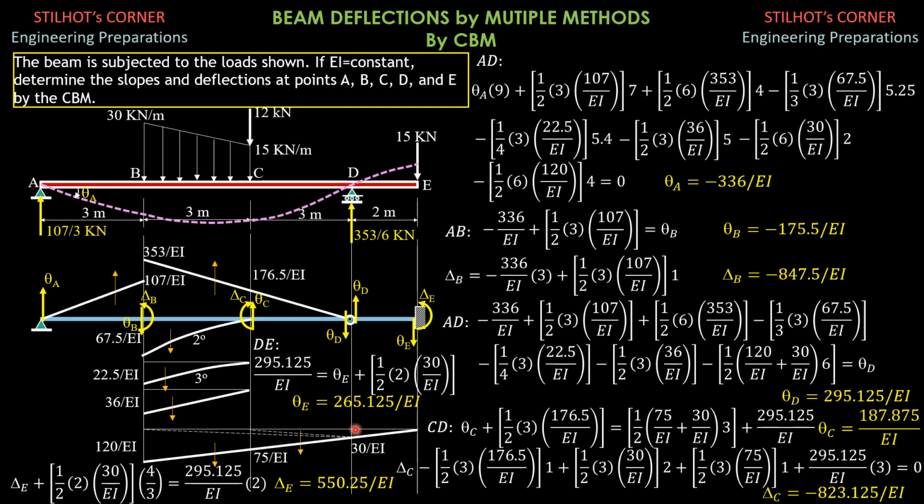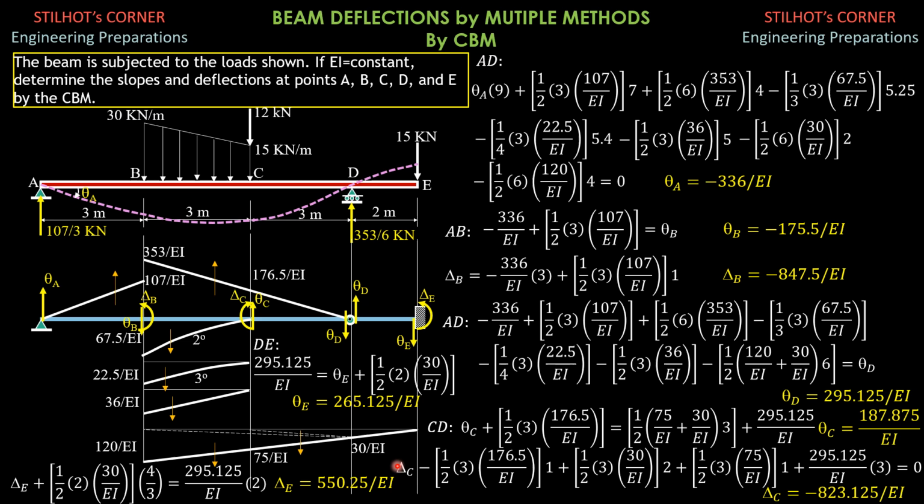I'll treat this as a trapezoid, so equals 1/2 of the quantity 75 over EI plus 30 over EI, times 3, plus theta D. And theta D is 295.125 over EI. So computing for theta C is equal to 187.875 over EI.